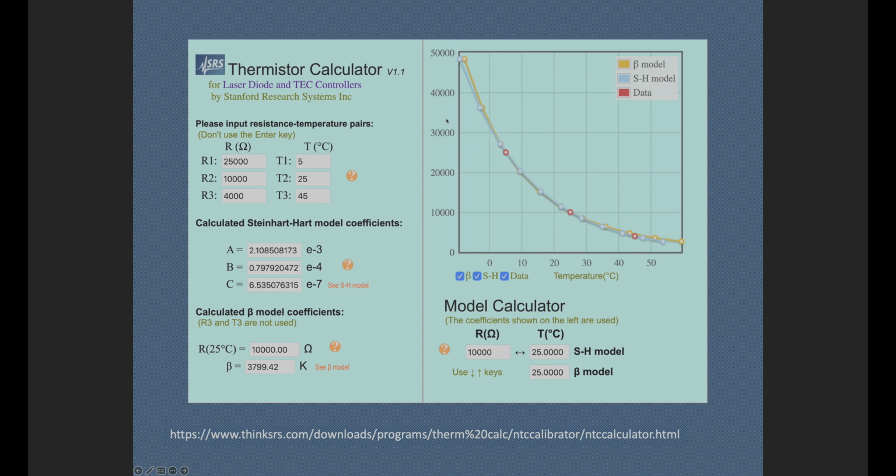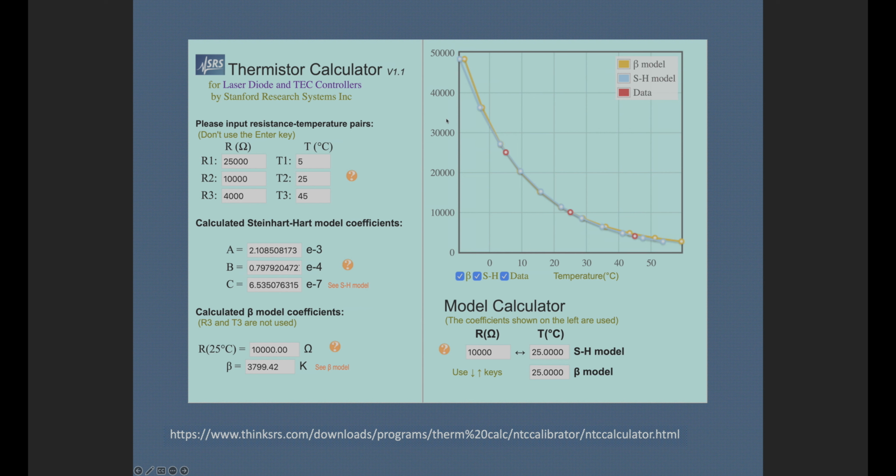At 25 degrees, we were at 10,000. Okay, and we had 110. And we were at 508.